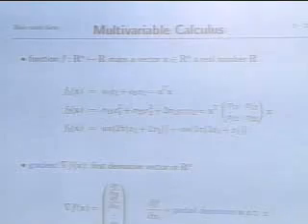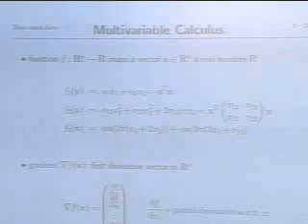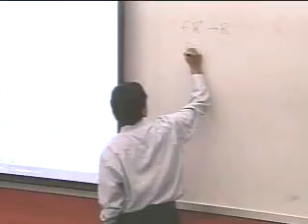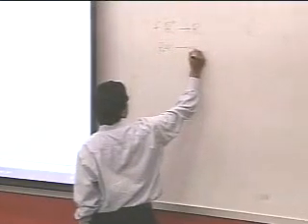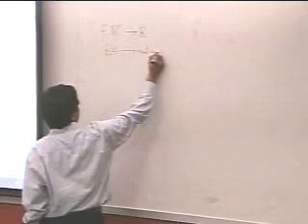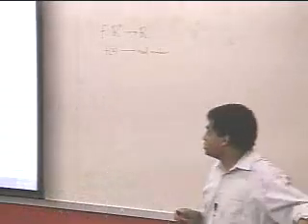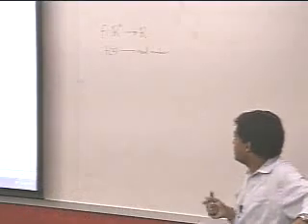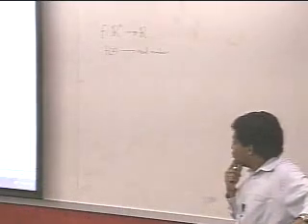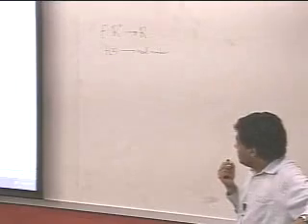So now I'm talking about functions that go from Rn, meaning an n-dimensional vector, to R. And again, the basic problem that we're dealing with today is how do we find a point x0 which is a local minimum.